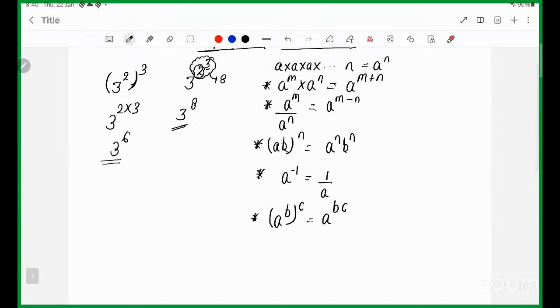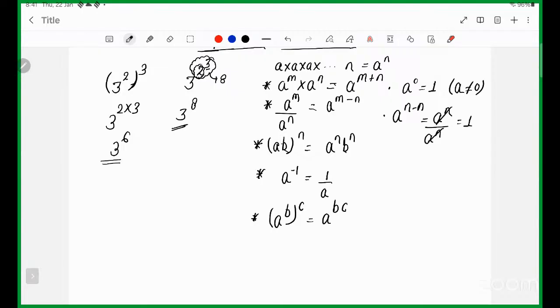And a raised to power 0 will be 1. Anything to the power 0 is 1, except a should not be equal to 0. And if I write a raised to power n minus n, can I write it like this, a raised to power n upon a raised to power n? So it will be 1.